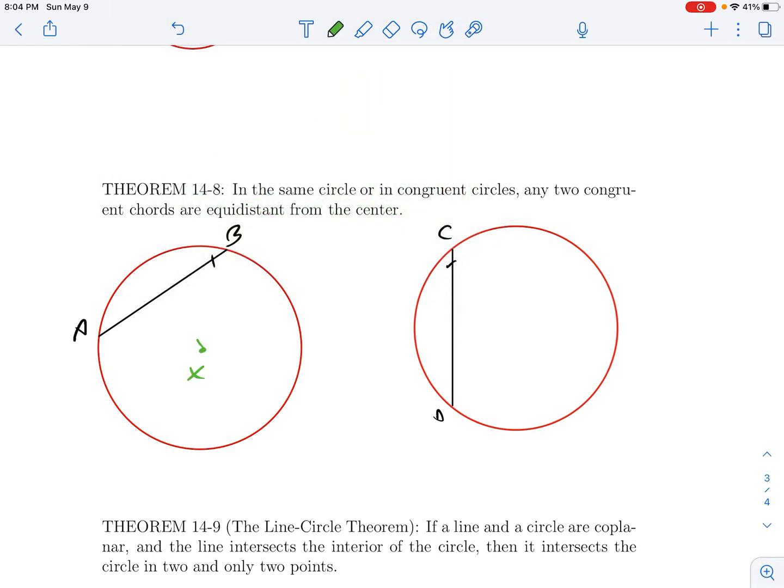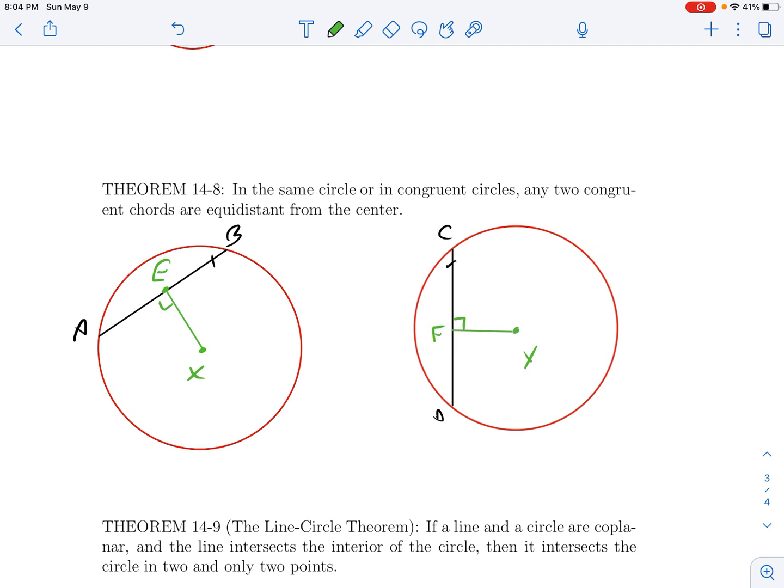So here's the center X, and I draw in this perpendicular to measure distance. And here's the center Y. And I draw in this perpendicular to measure distance.